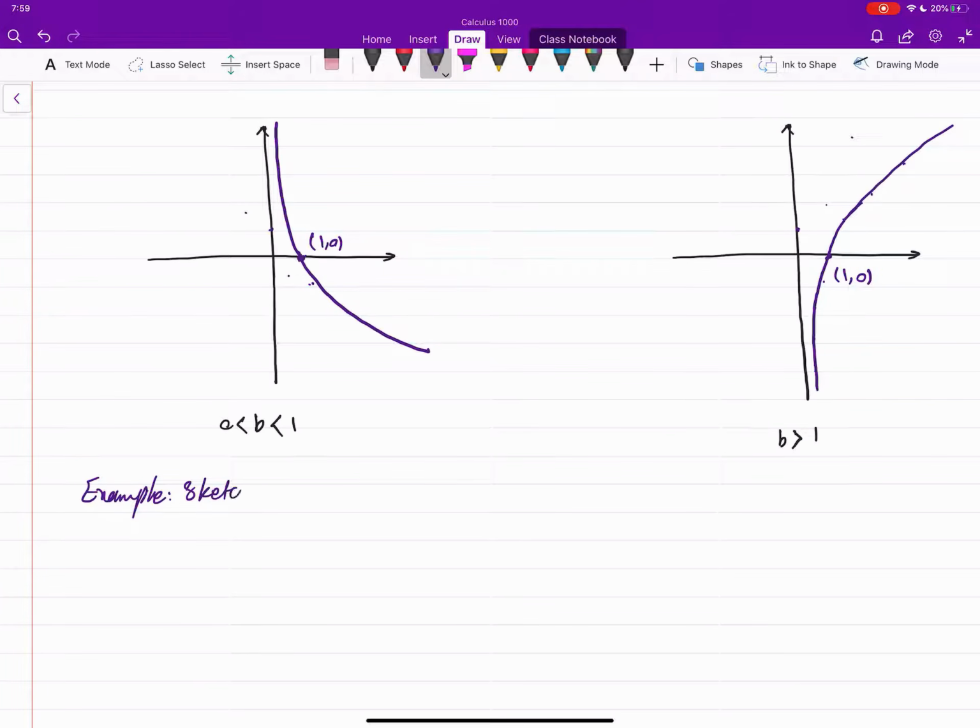Sketch the graph of the function f of x equals negative 3 log base 2 of x plus 1. Well, we have a base 2 here, so we can start with log base 2, the graph of this one, and then we'll do the transformation and get to this point.